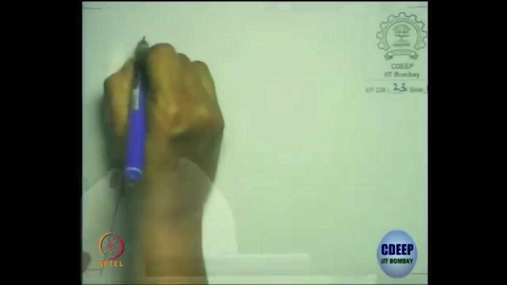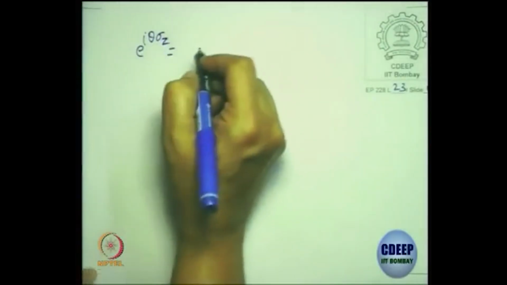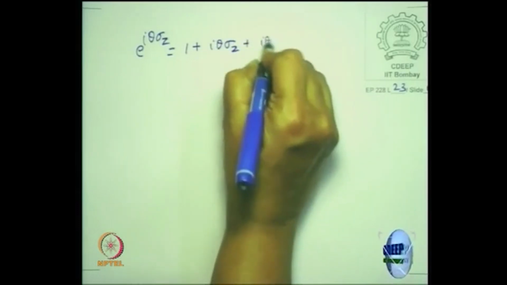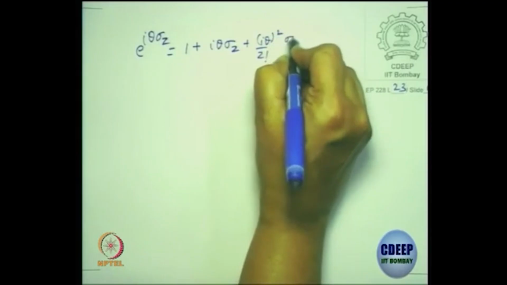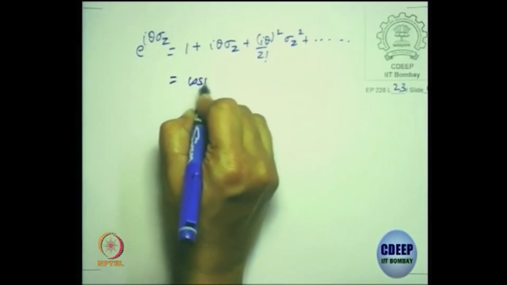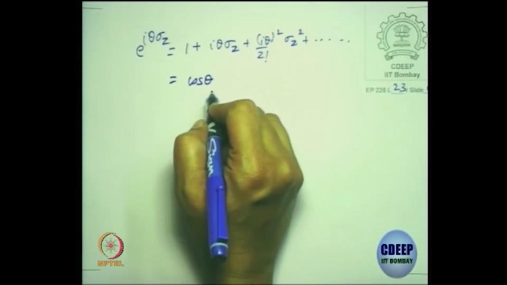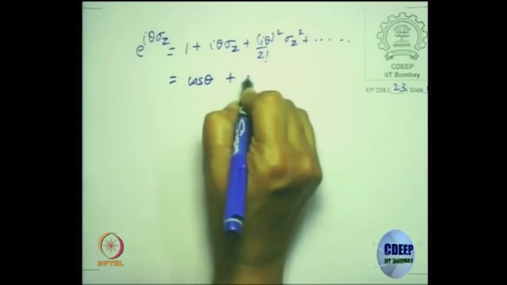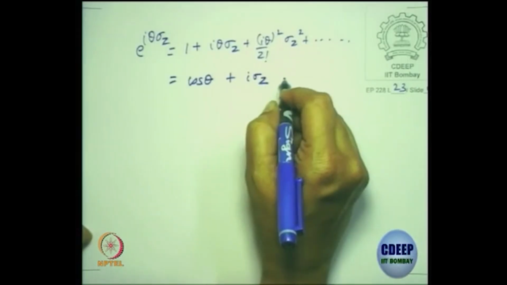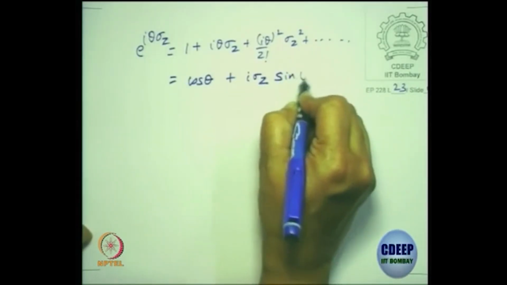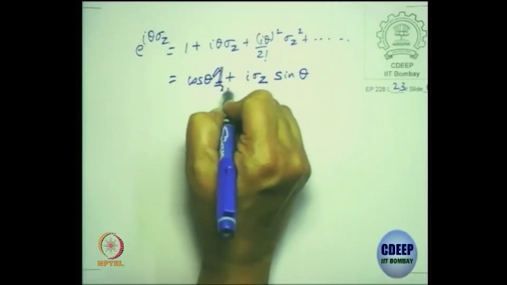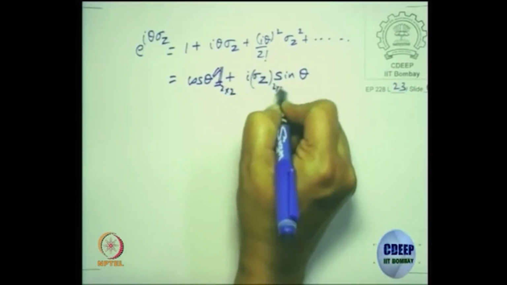So this can be shown to be cos theta plus i sigma z sin theta. It's still a matrix. You can put a 2 cross 2 matrix here because sigma z is a 2 cross 2 matrix.